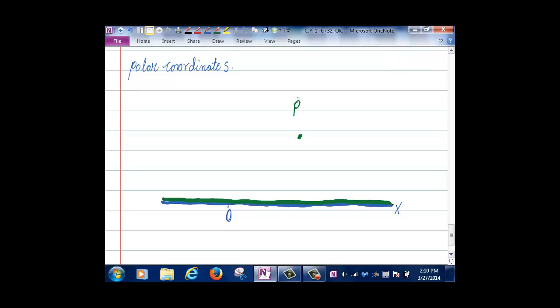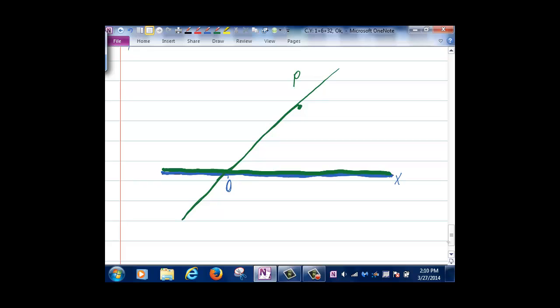You are going to rotate it until you intersect the point P. So this is the position of the polar axis now, right? Everybody is okay with that?